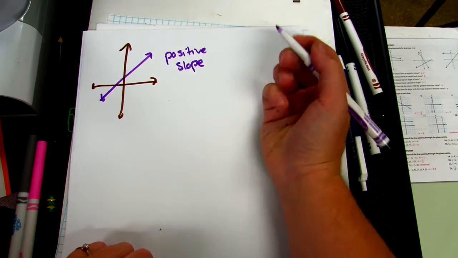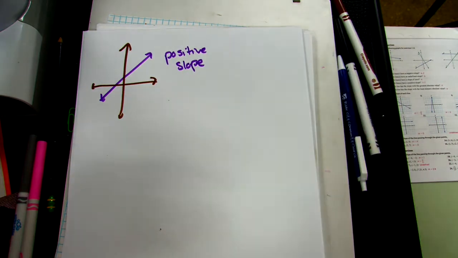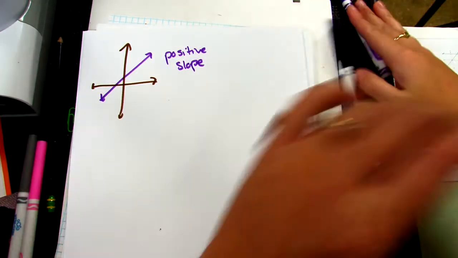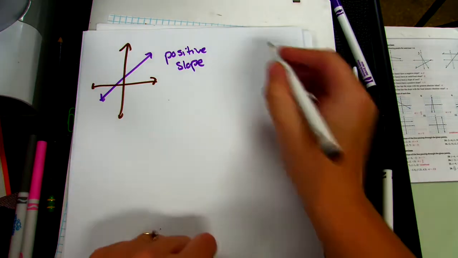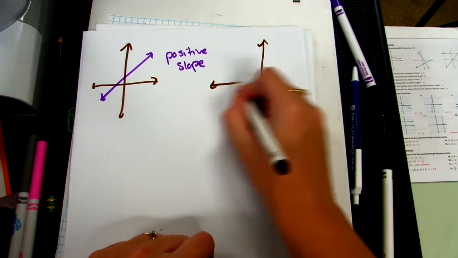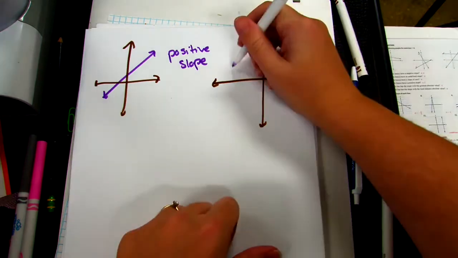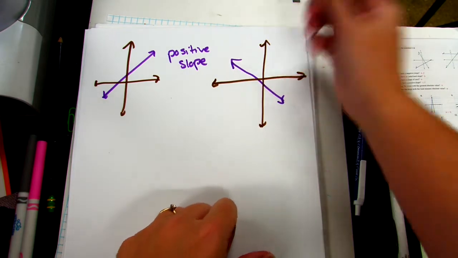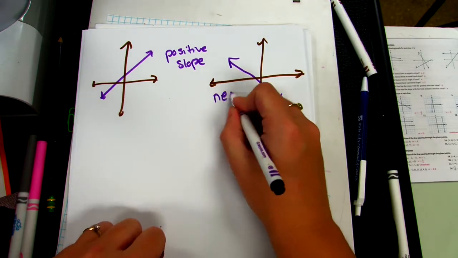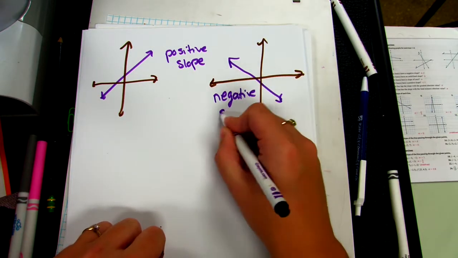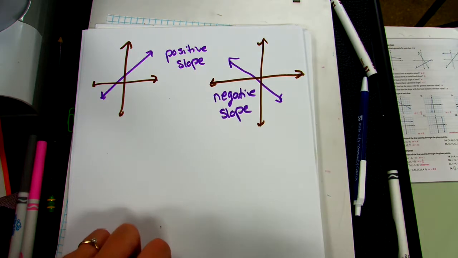So your m value is going to be positive. And if you have a slope that is going downwards, like this, it is going to have a negative slope, which means that your m is going to be negative.